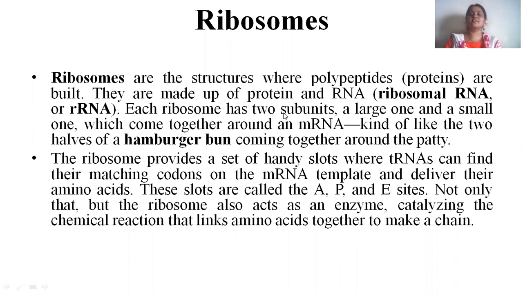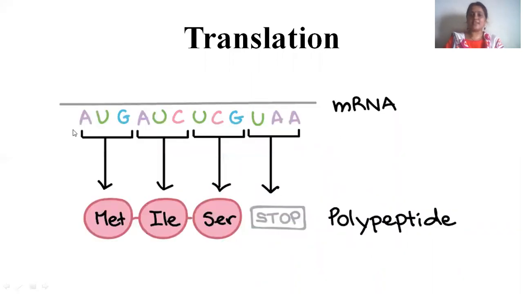Each ribosome has two subunits, a large one and a small one, and they form a hamburger bun. The ribosome provides a set of handy slots where tRNA can find the matching codons, and these slots are called A, P, E sites. During translation, the codons present on the mRNA are converted into a polypeptide.